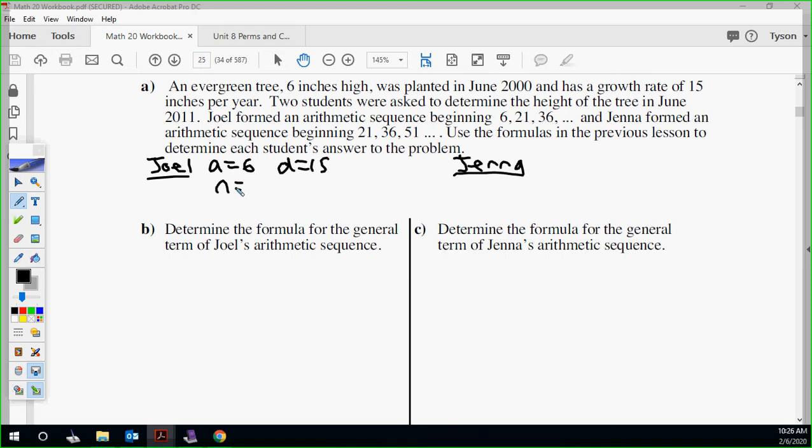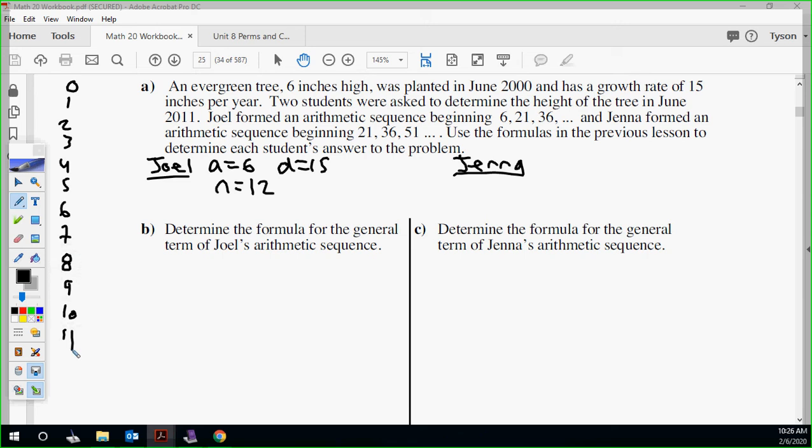So he's counting the 0 year. If you count from 0 to 11, you're going to hit 12 things, because you're accounting for the number 0. Does everybody understand what I'm saying there? If you don't, you simply count all these. That's 12 things. So you have 12 terms, counting the 0. That's what he's going to use.